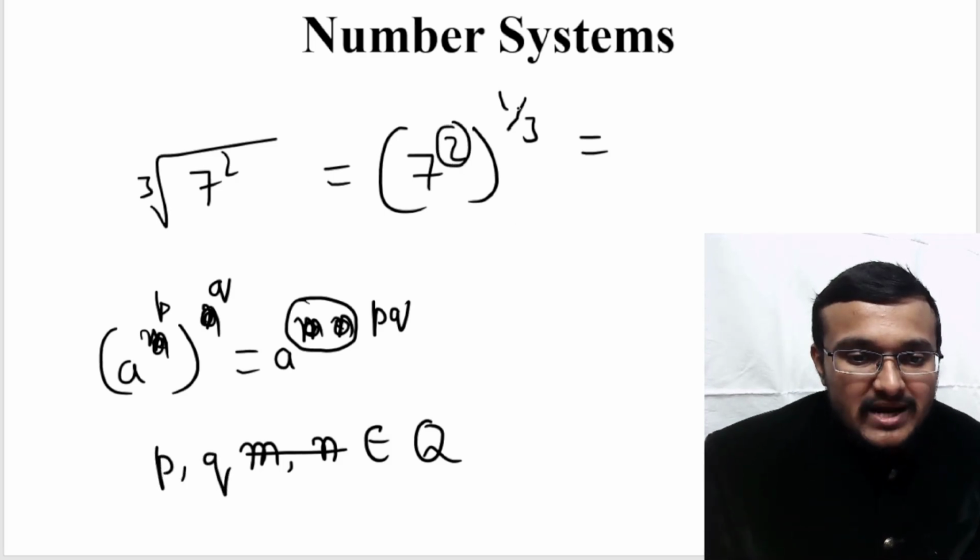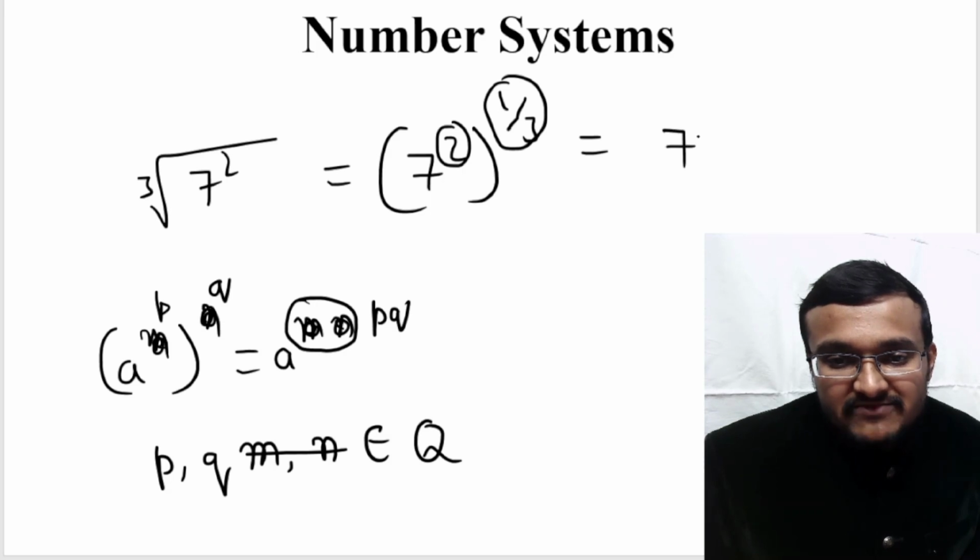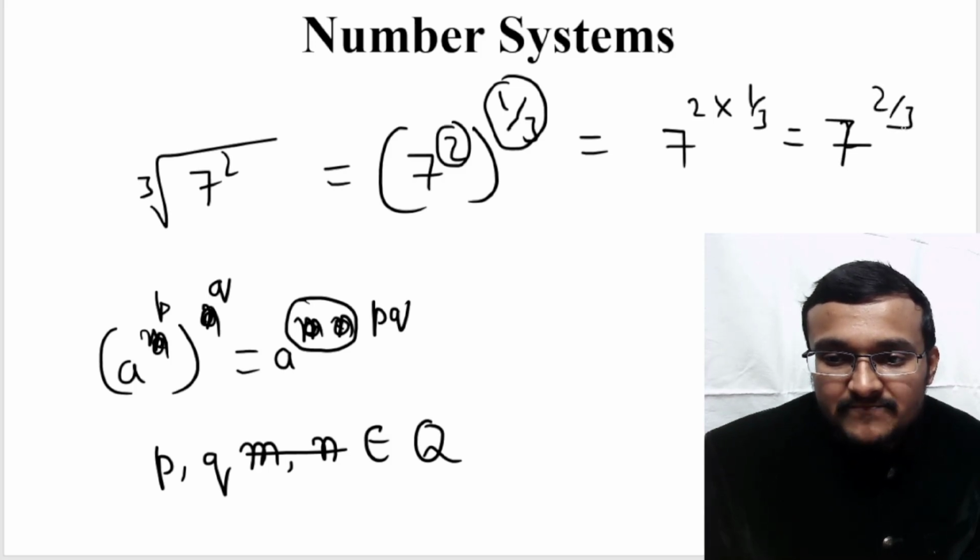Here p is 2 and q is 1 by 3. 1 by 3 is a rational number, and 2 is also a rational number. So 7 power 2 into 1 by 3 is nothing but 7 power 2 by 3.